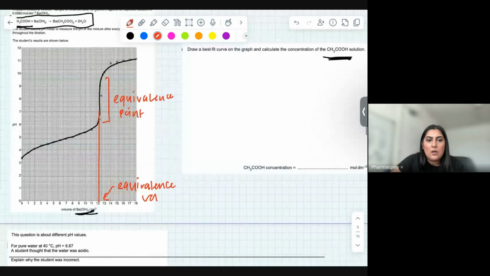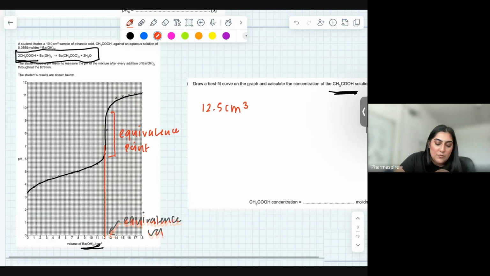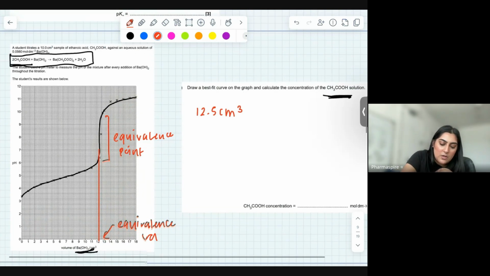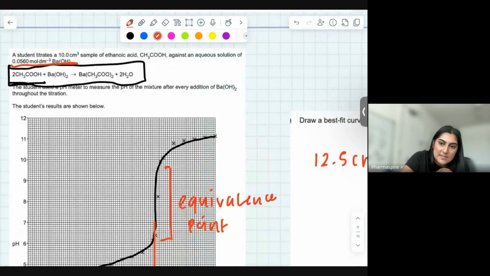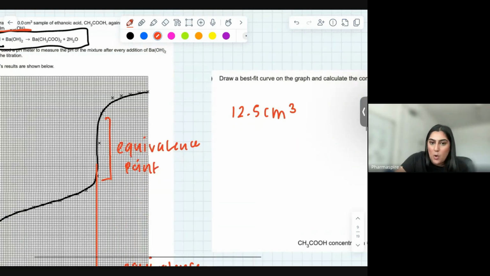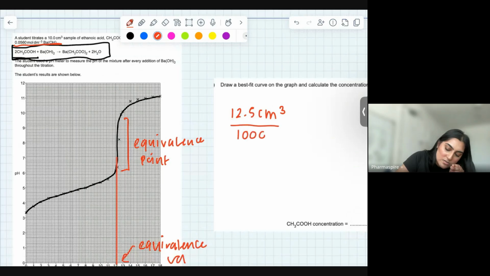Okay. So I'm going to read off the point for my volume to be 12.5. If you read the question, we've also got the concentration here as 0.0560, okay? So we've got a volume and we've also got a concentration. So I can get my moles for barium hydroxide.